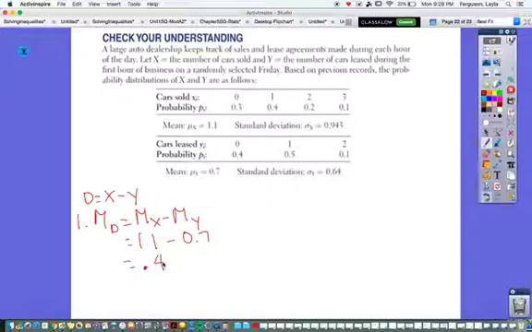Basically what that means is on average the dealership sells 0.4 cars more than it leases during the first hour of business on Fridays, on a selected random Friday.